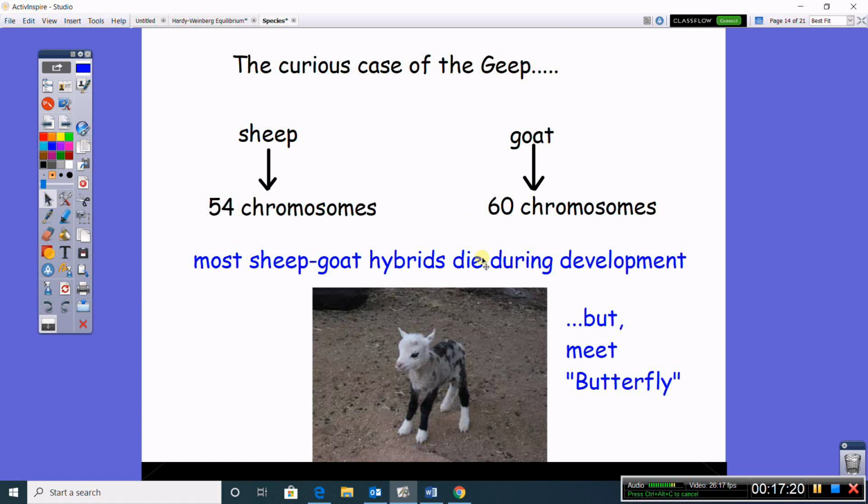So just because we have things like hybrid inviability, like you see in this example, the different number of chromosomes is often what makes it inviable. But sometimes you have a hybrid that does survive. We're just saying on the whole that mating is discouraged because most of these sheep-goat hybrids die during development. But this is Butterfly.